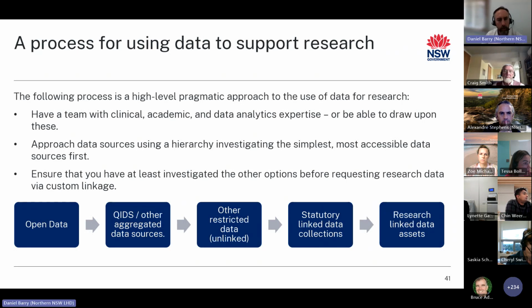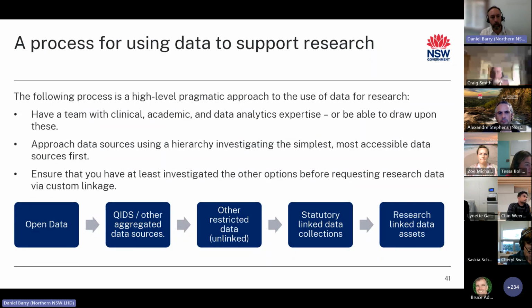Approach your data sources using a hierarchy that investigates the simplest, most accessible data sources first. You may have a research question that you think warrants the use of more detailed, difficult to access data straight up.